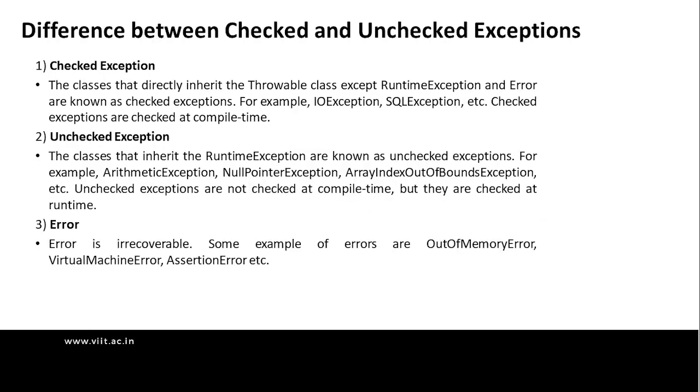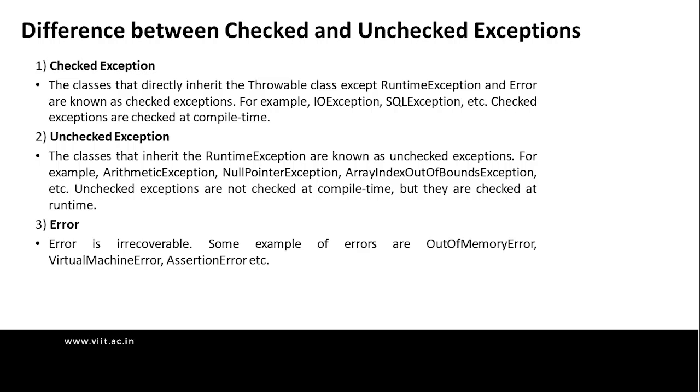Difference between checked and unchecked exceptions. Checked exceptions: the classes that directly inherit the Throwable class, except RuntimeException and Error, are known as checked exceptions, for example IOException, SQLException, etc. Checked exceptions are checked at compile time.